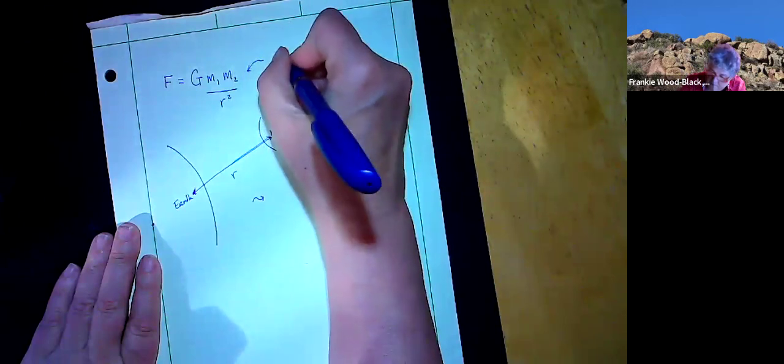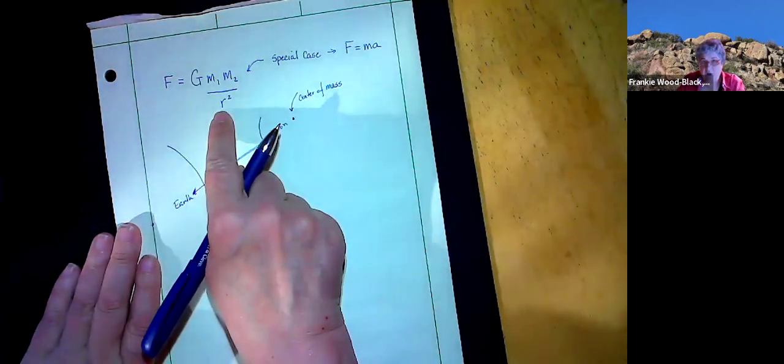Now, we said at one point this semester that this is a special case, that our special case is that F is equal to ma, or our Newton's second law, because if I have an object at the surface of the Earth, this r becomes fixed, the mass of the Earth is fixed, and this universal gravitational constant is fixed.